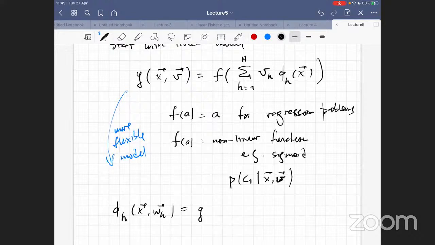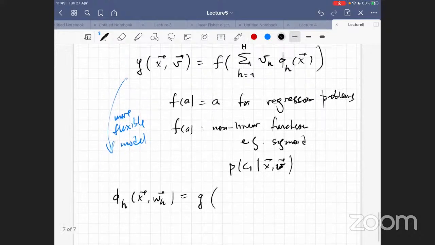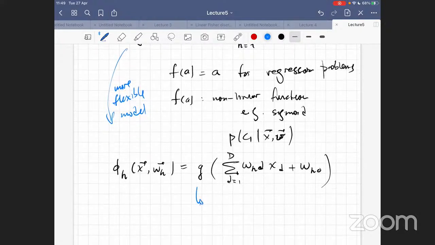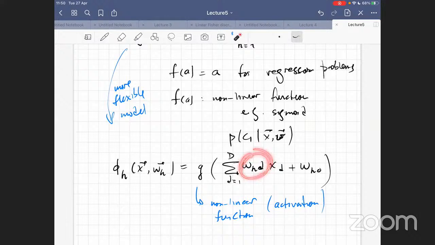For example, let me express this phi as another nonlinear function g of a linear combination of the input. So these are weights, times xd, plus h0, let's say. So this is a nonlinear function, which is also called the activation function. And these are just parameters.